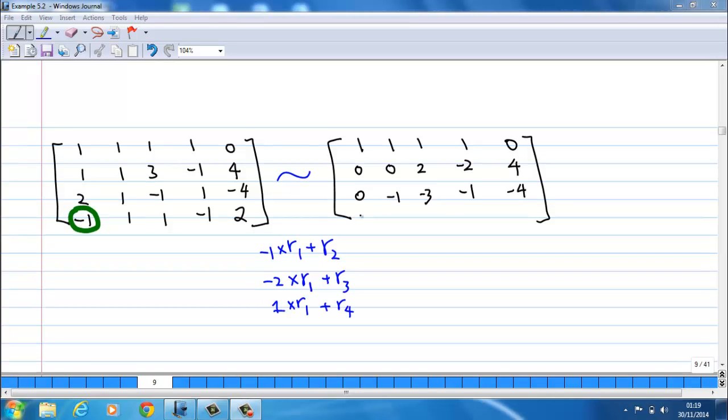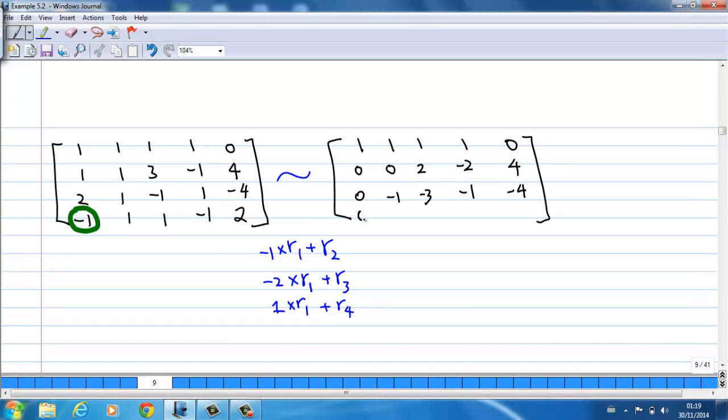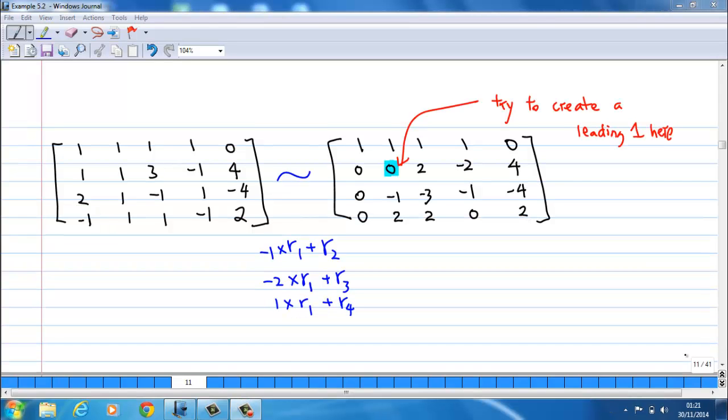To create a 0 in the fourth row, first column, we can take the first row times 1, add it to the fourth row. Then the new fourth row becomes 0, 2, 2, 0, 2. Next, we will work on the second row to create a leading one in the second row, second column.